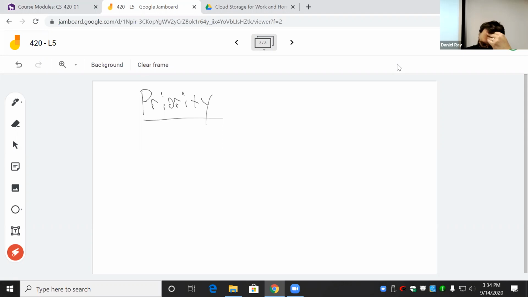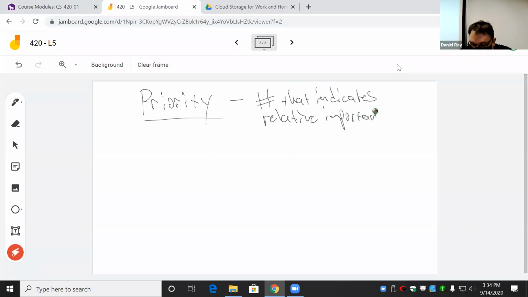So priority is a numerical value that indicates the importance of the process relative to other processes. So it's a number that indicates relative importance for a process as compared to all the other processes.